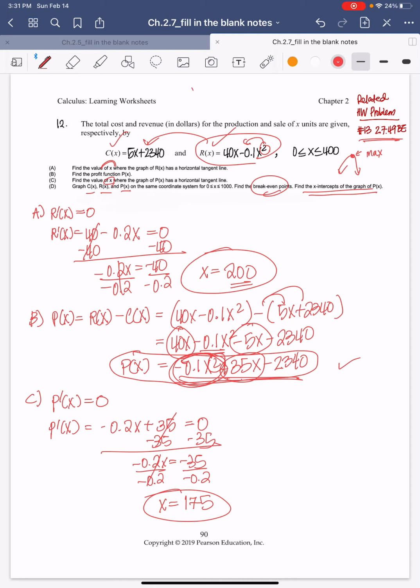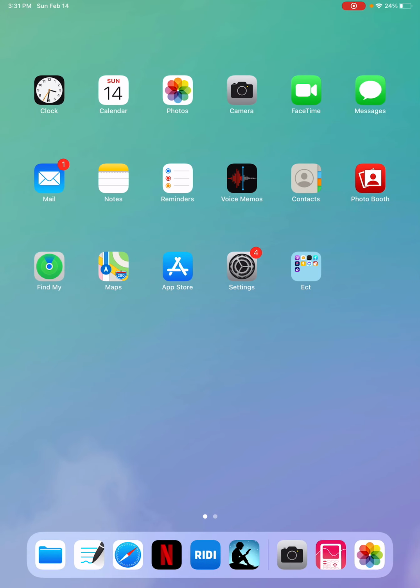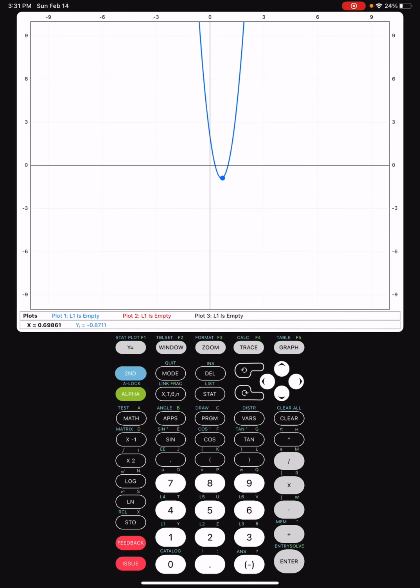Use the calculator to graph and then set that x value between 0 to 1000 and see where they have a break-even point. And also find, there's another part, two parts, find break-even and then find x-intercept of the graph. Okay, so let's pull out the calculator.